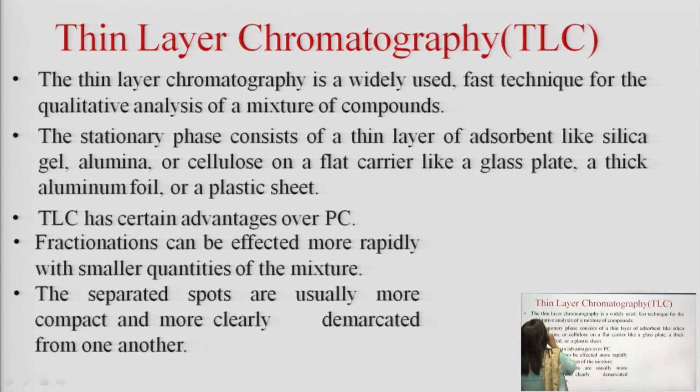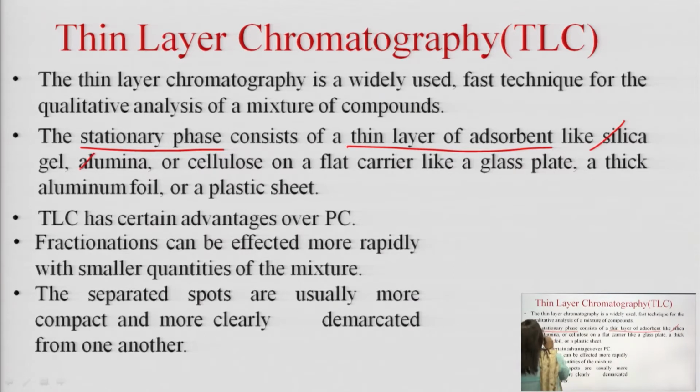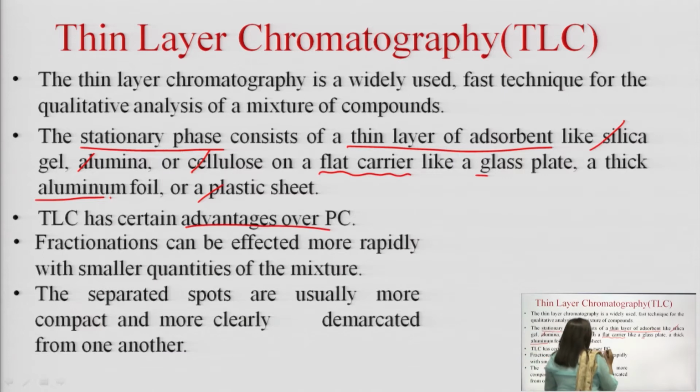Herein, the stationary phase consists of a thin layer of adsorbent like silica, alumina, or cellulose on a flat carrier: a glass plate, a thick aluminum foil, or a plastic sheet. TLC has certain advantages over the last discussed paper chromatography, that is, fractionation can be effected more rapidly with smaller quantities.